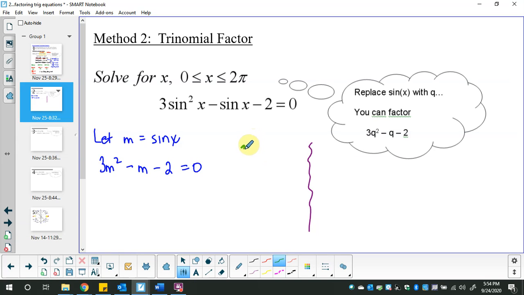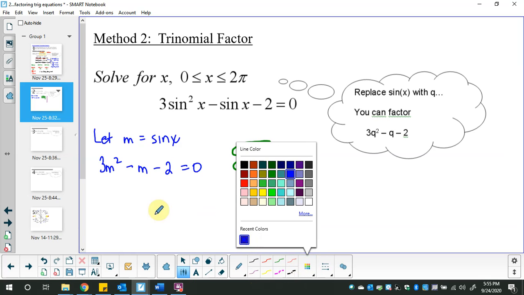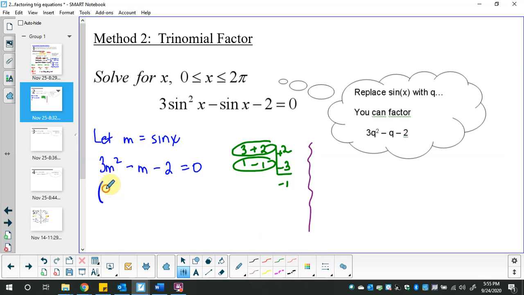So two numbers that multiply to be 3, two numbers that multiply to be 2, crisscross, try to make the negative 1 in the center. So here's a bracket, and here's a bracket. So 3m plus 2, 1m minus 1 equals 0.